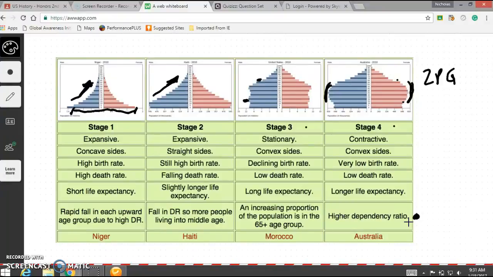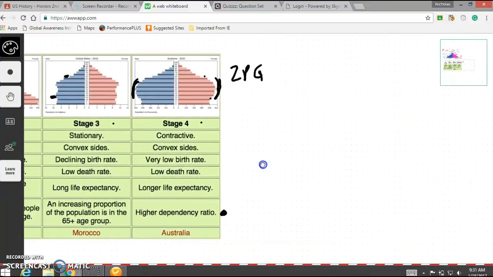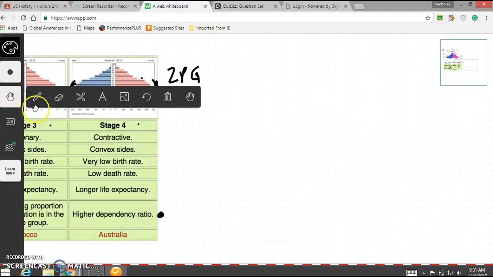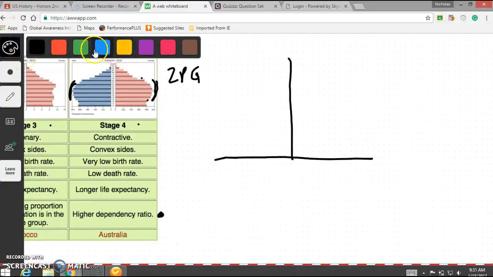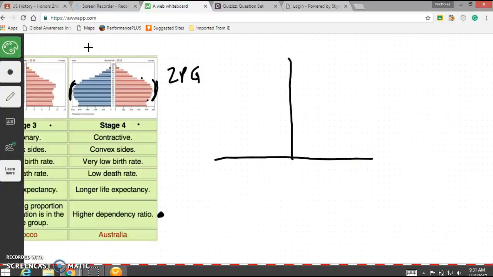Okay. Then we could also have the stage 5 country, right? In that stage 5 country, and I'm just going to use green, we'll start to see a population pyramid that is very wide at the top and then starts to come in at the base up here.